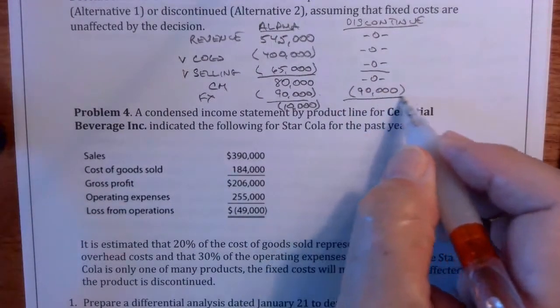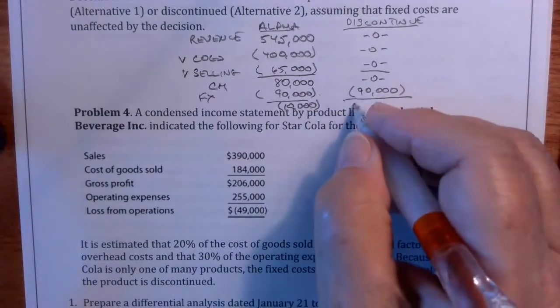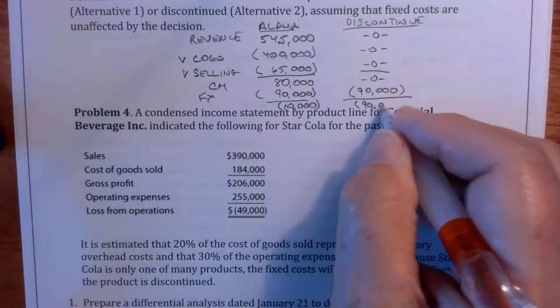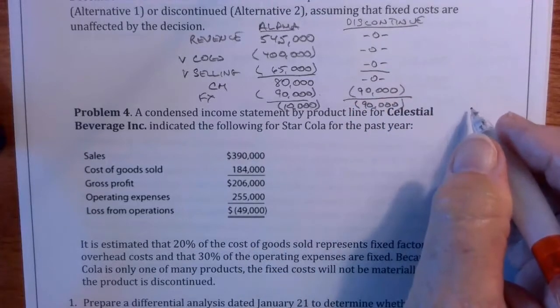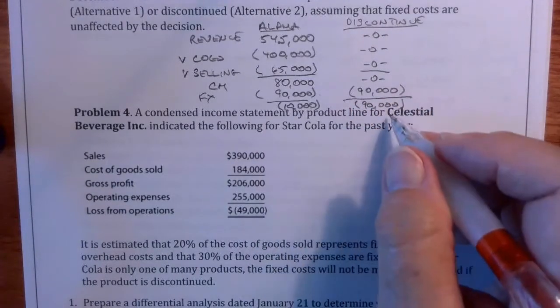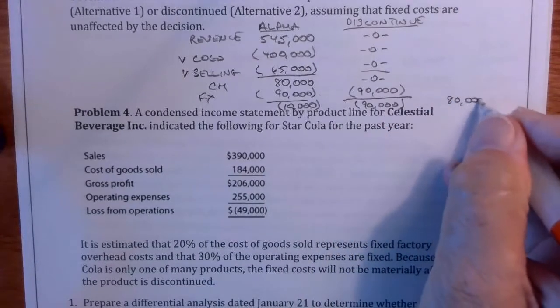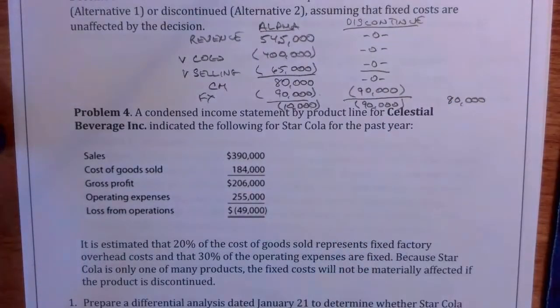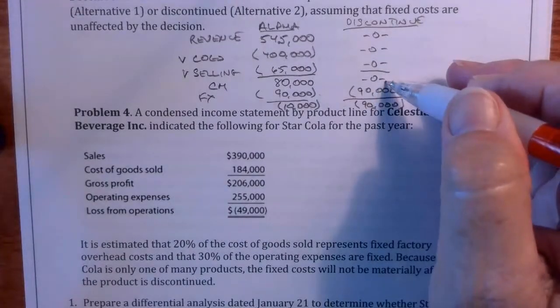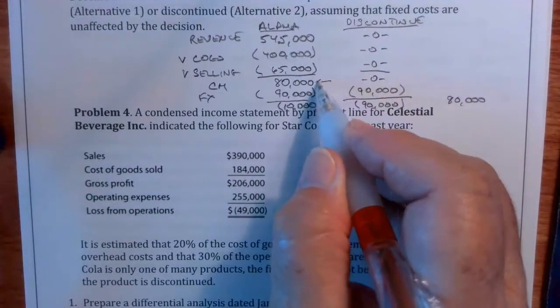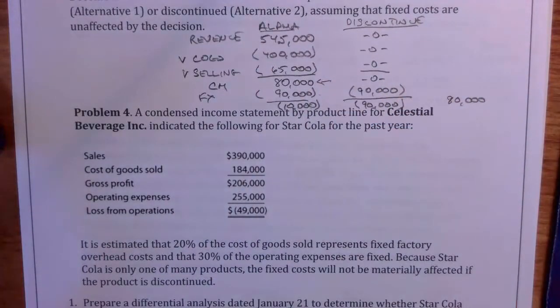Isn't that something? So instead of losing $10,000, we'd be losing $90,000. Does that make sense? So the difference here is $80,000, because we lose everything through our contribution margin. What we're really losing is that $80,000 in contribution margin right there.